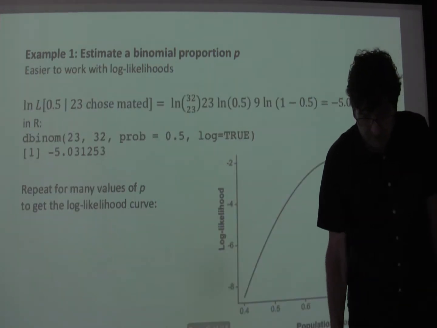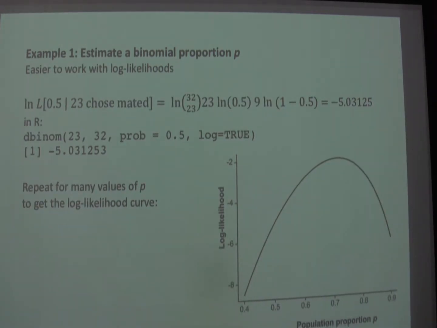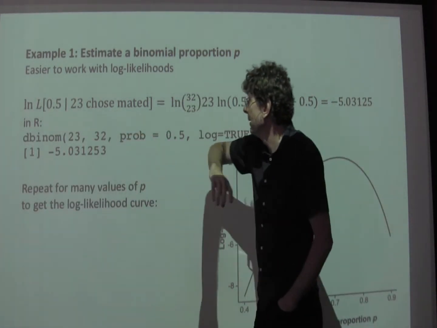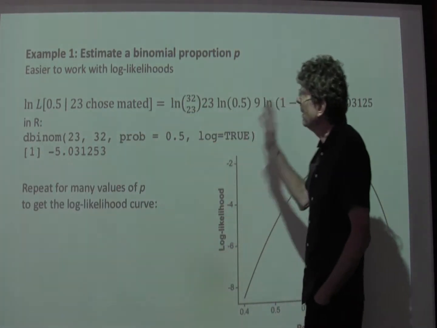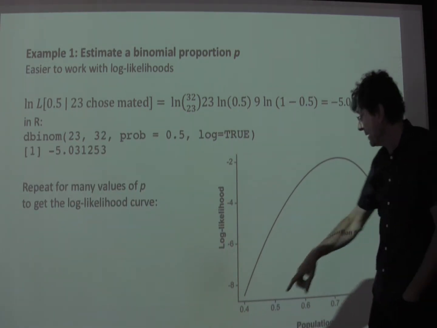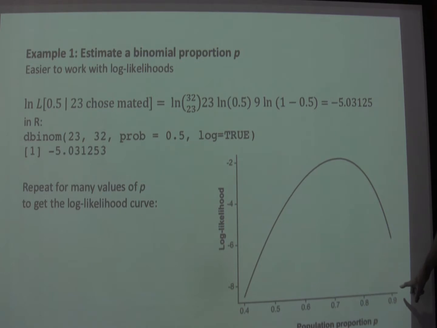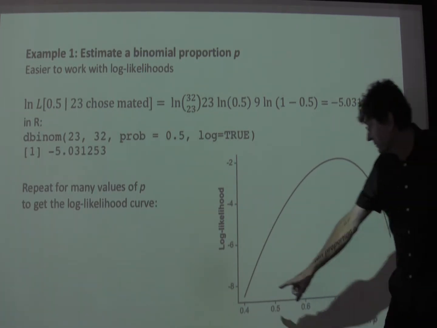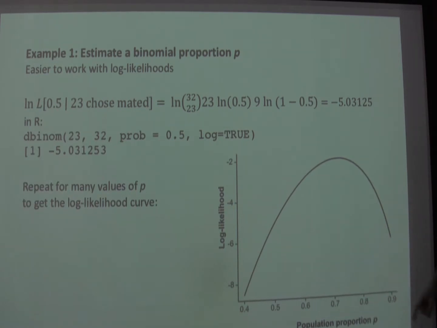But how do we figure out which is the best one? Using likelihood, what we do is we go through them all. We consider all of the possible values of p. So we repeat the likelihood, but now for all other possible values of p, and here I've shown in a graph what those likelihoods are in the range from p equals 0.4 to p equals 0.9.